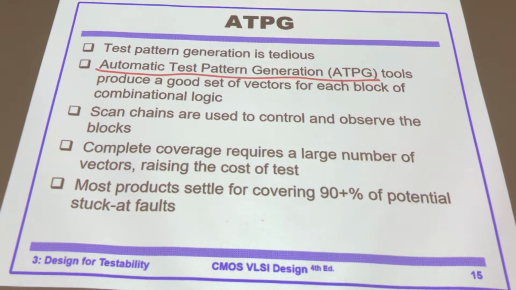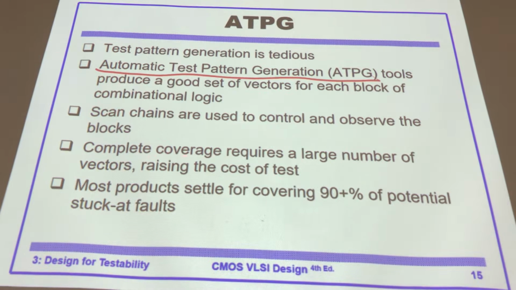The ATPG tool produces a good set of vectors for each block of combinational logic. Scan chains are used to control and observe the block. Data streams in and data streams out, to control and observe, respectively. Complete coverage requires a large number of vectors over the course of the test.